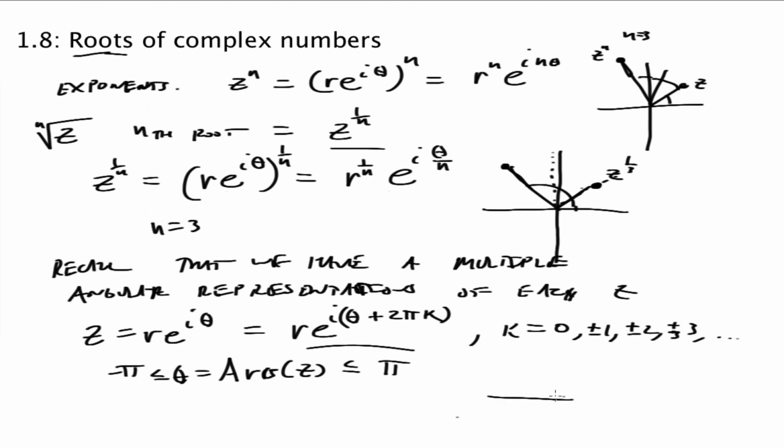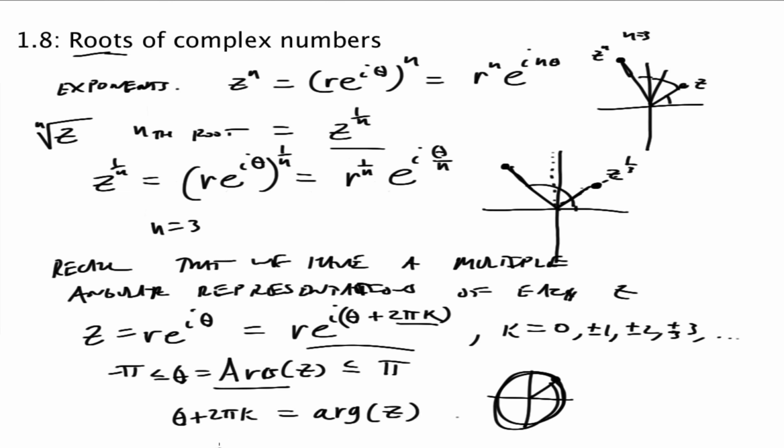If I have a complex number, I can go around the circle once, I can go around the circle twice, and I always end up at the same spot, or I can go in reverse with negative angles, as long as I'm going 2 pi multiples of that angle. So there's the principal argument, but then theta plus 2 pi k represents one of the other non-principal arguments of z. Okay, so this is how we can represent complex numbers.